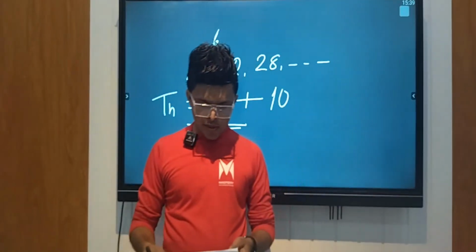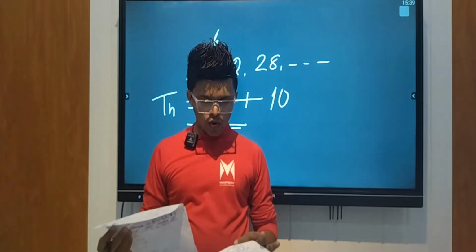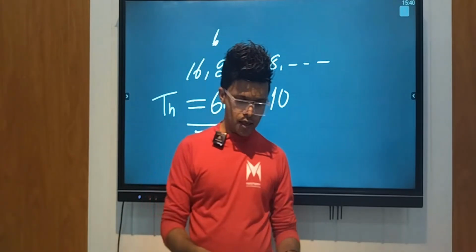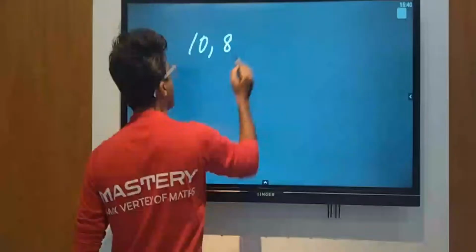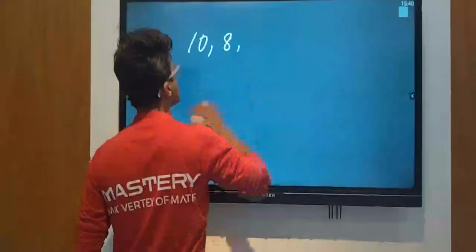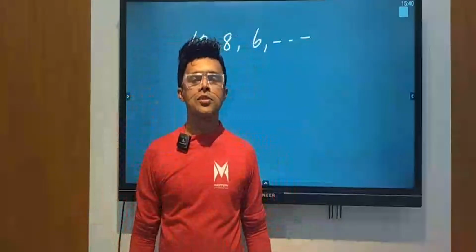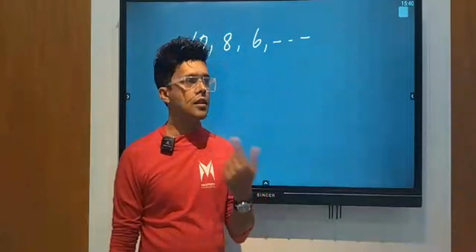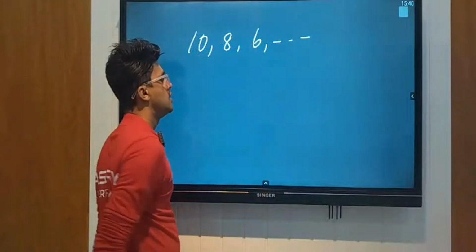The other most important segment is this. You think of this type of question, 10, 8, 6 and so on. How can you calculate the general term of this type? You could see that this is 10, this is 8, 8, 6.